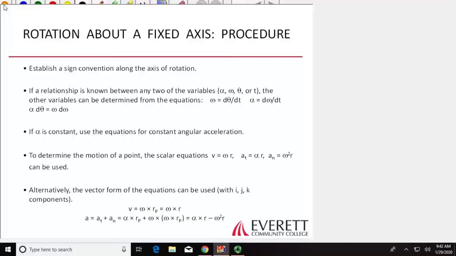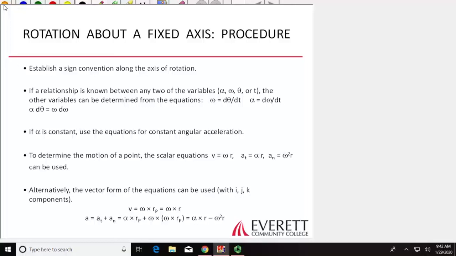The procedure for a fixed axis: establish a sign convention along the axis of rotation. This is just setting up your coordinate system like we always have. Do you want your axis of rotation to be positive out or positive in? I recommend using the right-hand rule. Find your x-y axis. Go from your x to your y. Your z's got to be that way. Okay?